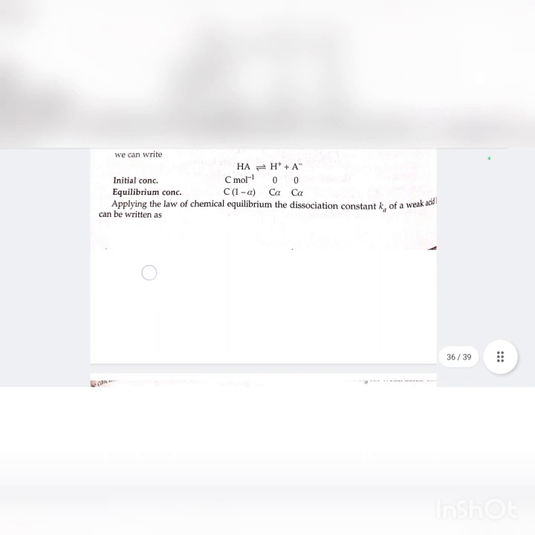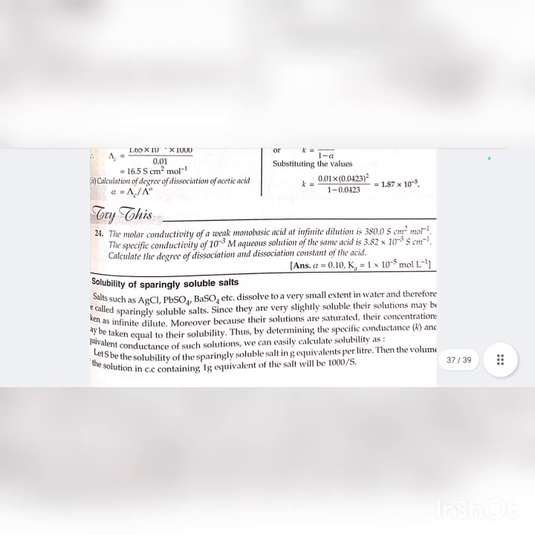At equilibrium, the concentration of H positive is C alpha and also A negative is C alpha, and the concentration of HA is equal to C into 1 minus alpha. Applying the law of chemical equilibrium, the dissociation constant of a weak acid can be written as Ka is equal to C alpha square divided by 1 minus alpha.